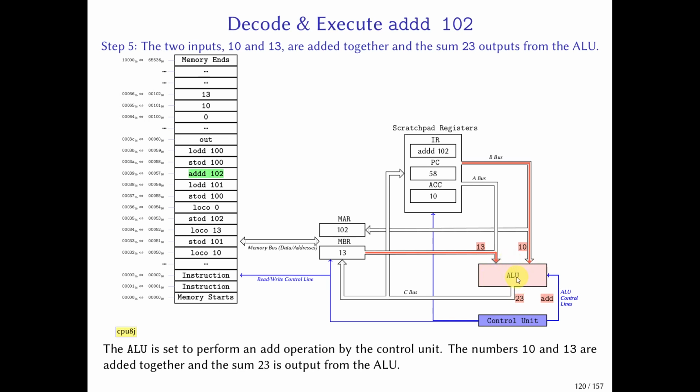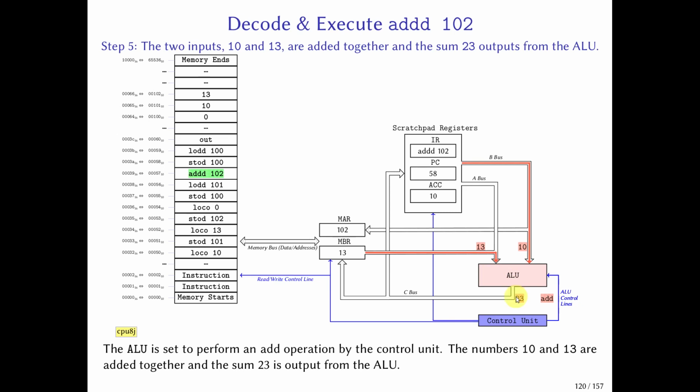We can imagine that those 2 inputs are sent to parallel adders where they are added together, and then the ALU, once it has done the addition of 13 and 10, inputs A and B, copies the output, which is 23, onto the C bus.